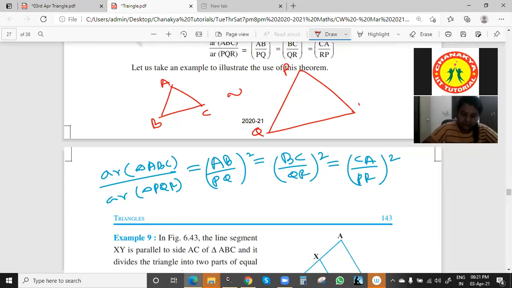So in this exercise 6.4, if two triangles are similar, the ratio of area of triangle ABC to that of area of triangle PQR will be equal to corresponding sides, AB by PQ whole square, BC by QR whole square, and AC by PR whole square. Correct.